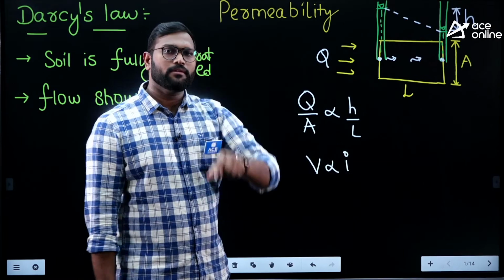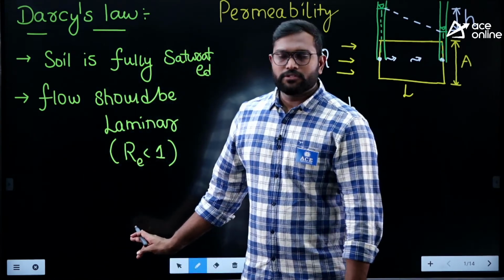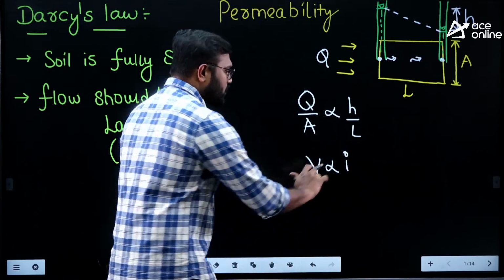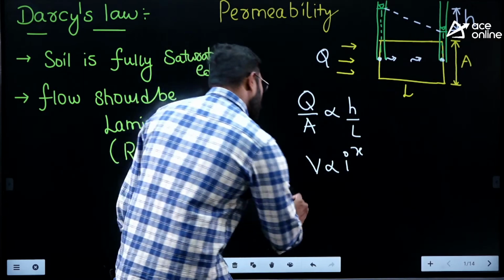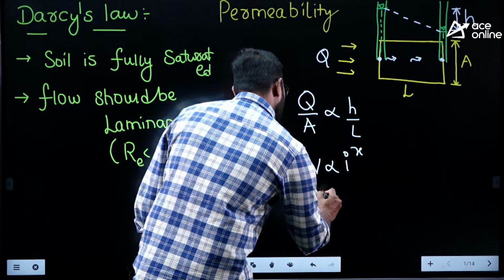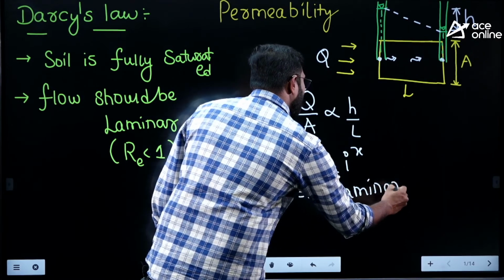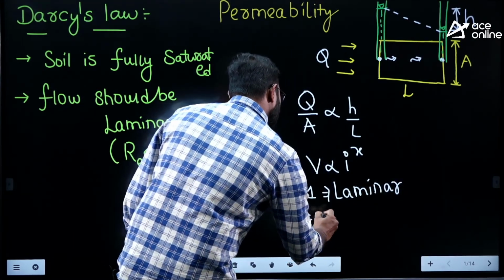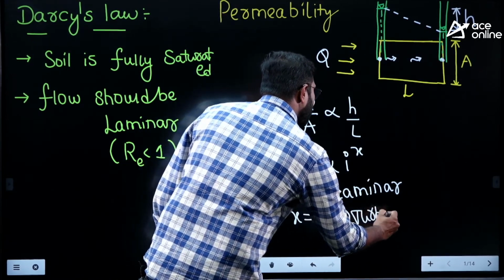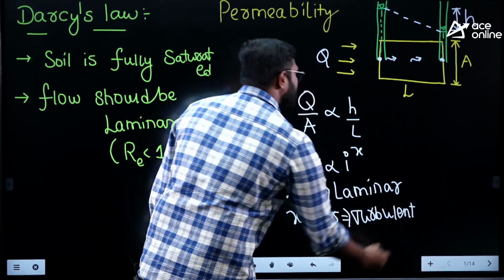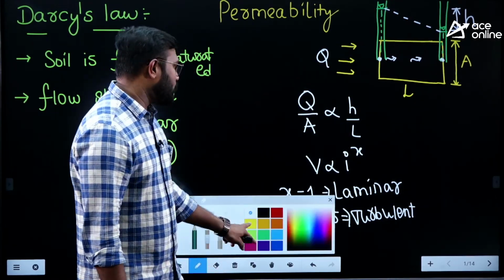The power is 1 for laminar flow. Actually, V is directly proportional to i to the power of x, where x equals 1 in the case of laminar flow, and x is around 0.65 in the case of turbulent flow. As I required laminar flow, I will see laminar flow only.